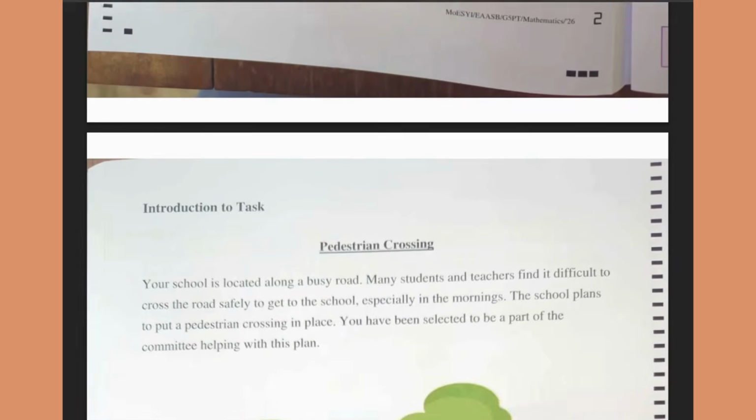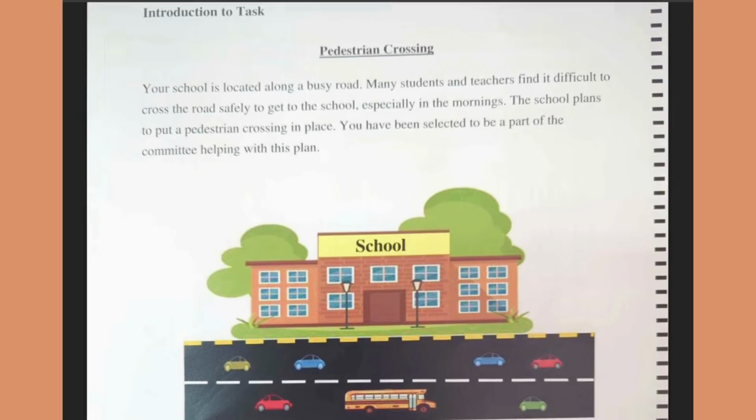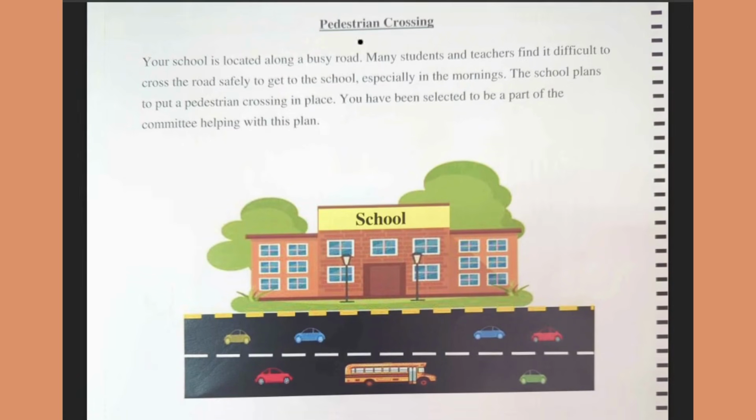So let us go to the introduction to task, pedestrian crossing. Your school is located along a busy road. Many students and teachers find it difficult to cross the road safely to get to the school, especially in the mornings. The school plans to put a pedestrian crossing in place. You have been selected to be a part of the committee helping with this plan.